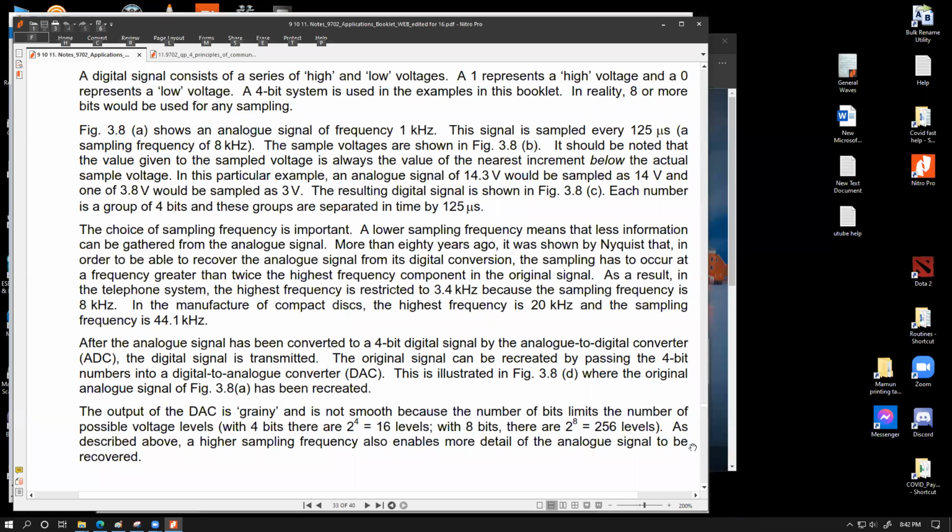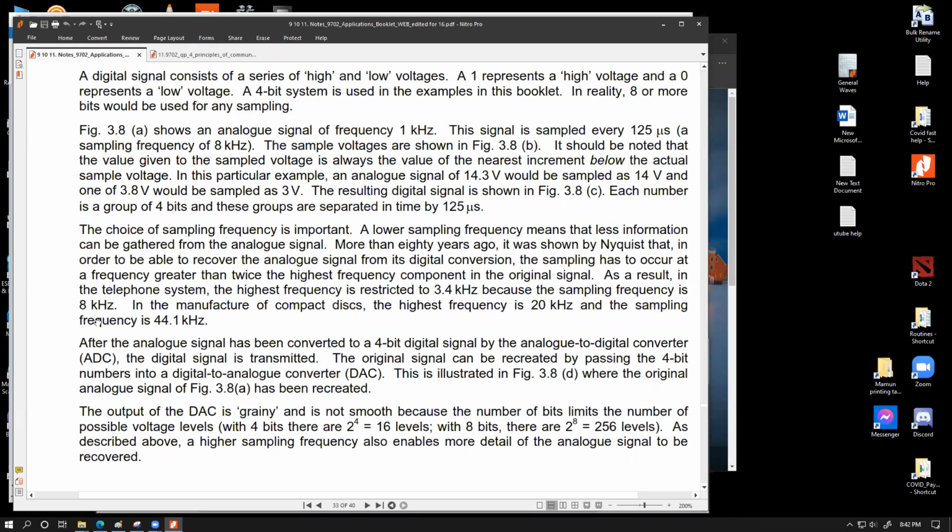of data. So as a result, in the telephone system, the highest frequency is restricted to 3.4 kilohertz. The highest frequency is restricted to 3.4 kilohertz because the sampling frequency is 8 kilohertz. So whenever we use basic telephone, I'm talking about landline, the sampling frequency for landlines is 8 kilohertz only.